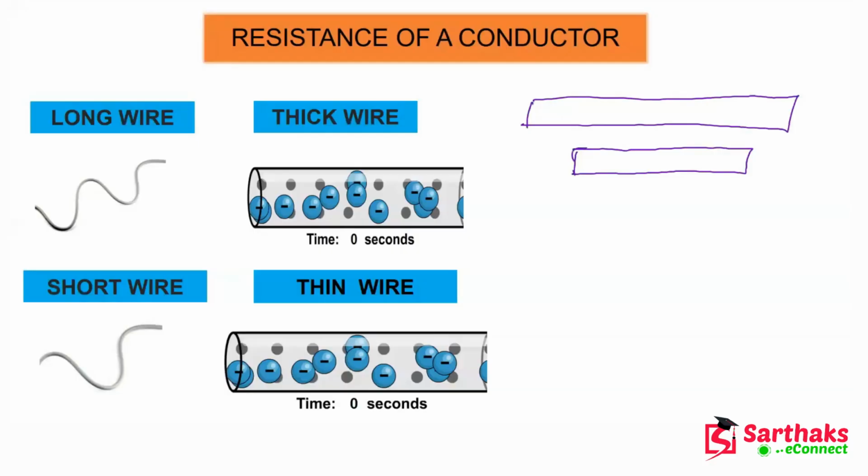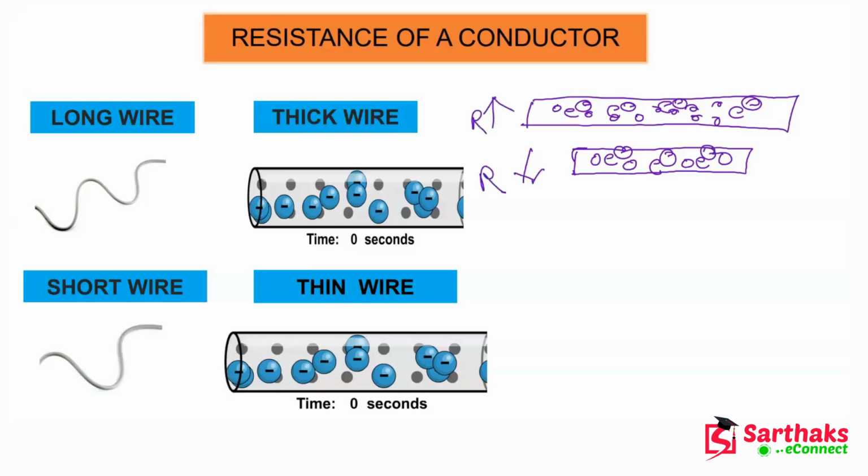Because there would be more collisions, since the length of the wire is high. So lots of particles will be colliding with electrons. But in the case of a short wire, fewer particles will be colliding with the electrons. So the resistance of the short wire is lower.